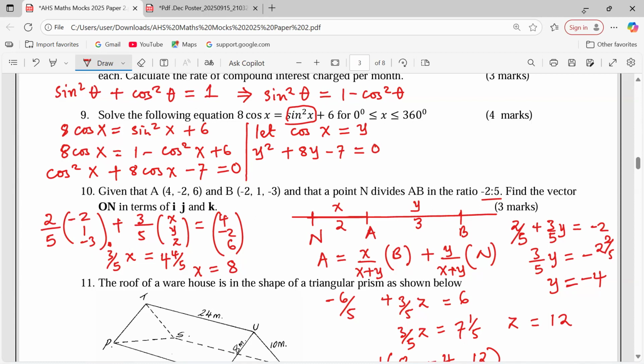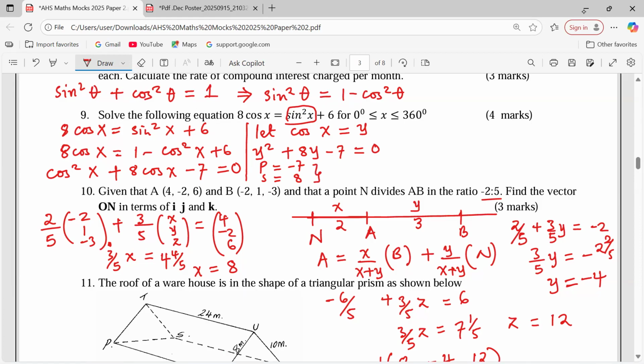With this understanding, ladies and gentlemen, we can now solve it quadratically. The product of a times c is negative 7, and the sum is positive 8.